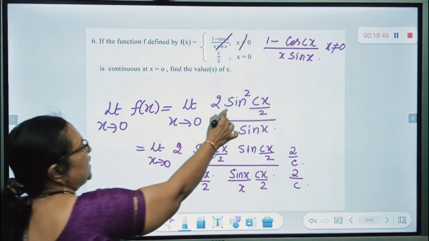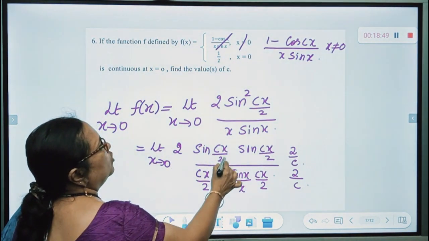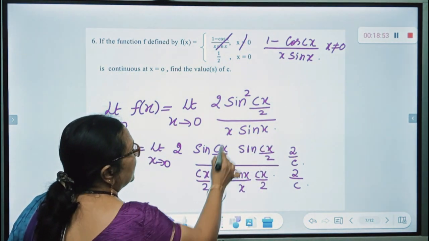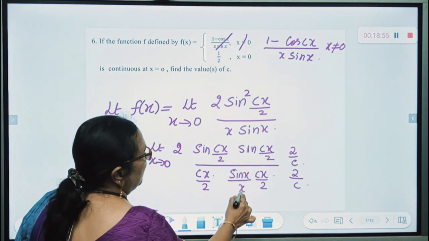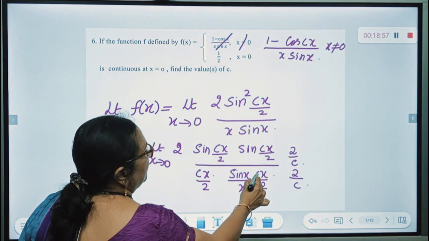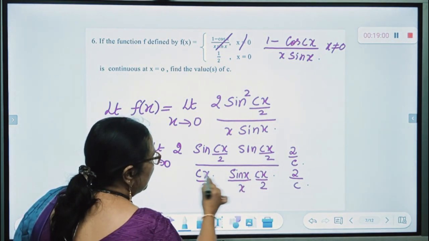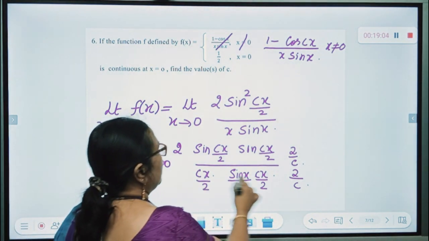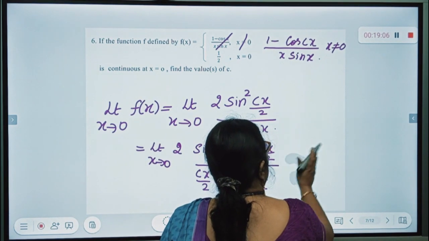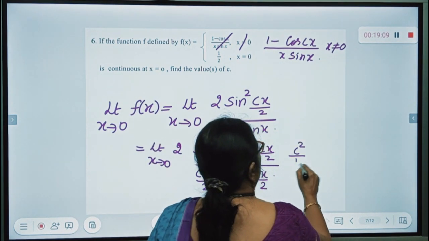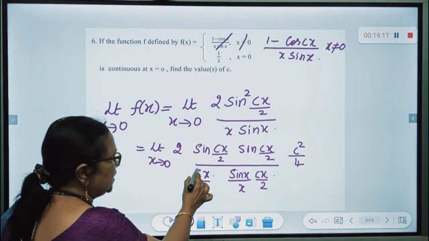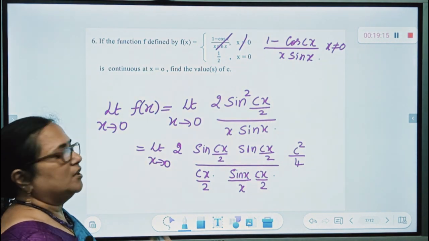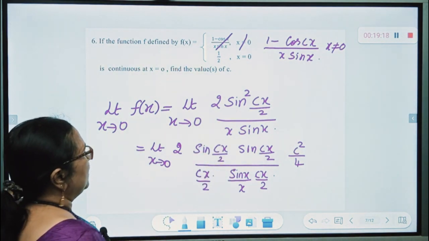See, I have rewritten it as sin cx by 2 into sin cx by 2. Now I have x sin x. Sin x I have multiplied and divided by x. I have multiplied both sides by c by 2, c square by 4. Since I have divided c square by 4, the numerator also I should have c square by 4. Are you able to follow? C by 2 into c by 2, c square by 4. So in the numerator also I should have c square by 4.